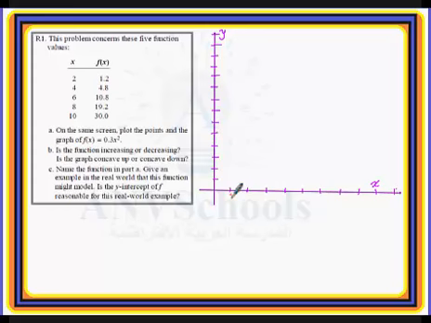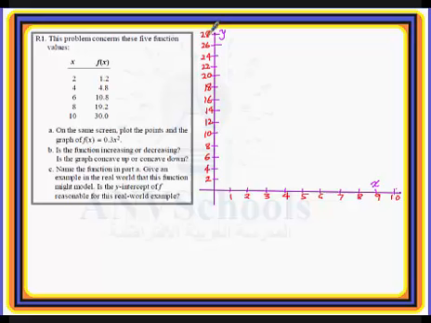So we now have our values. So 1, 2, 3, 4, 5, 6, 7, 8, 9, 10. And for our y values, it would be 2, 4, 6, 8, 10, 12, 14, 16, 18, 20, 22, 24, 26, 28.